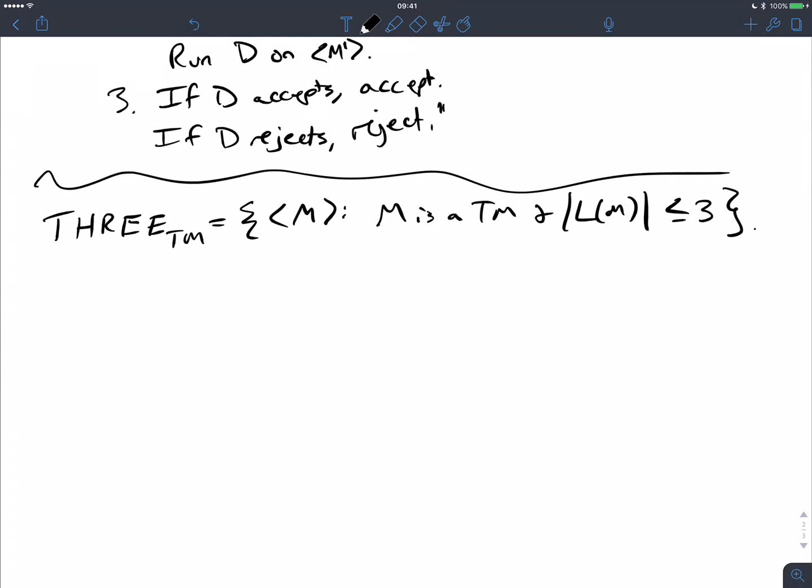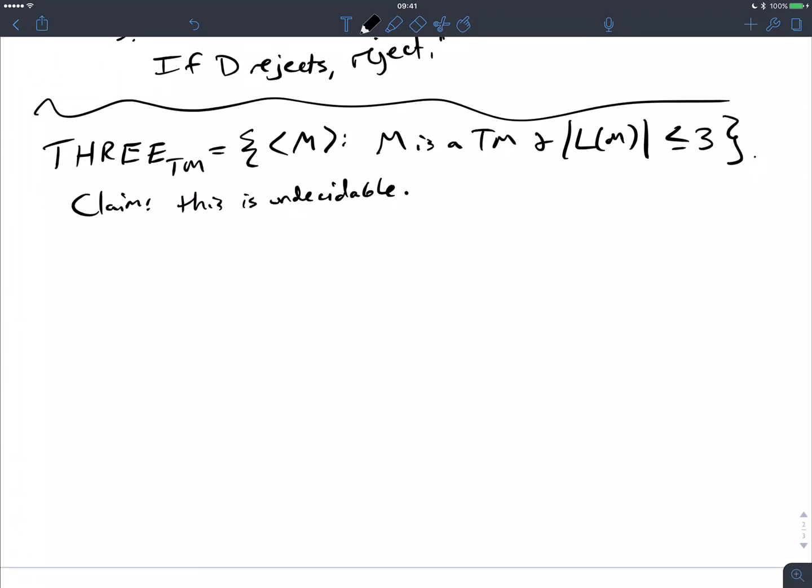So the language, instead of 3 DFA, I'm asking about 3 Turing machine, which says all Turing machines that have at most 3 strings in their language. Okay? And I claim this is undecidable.